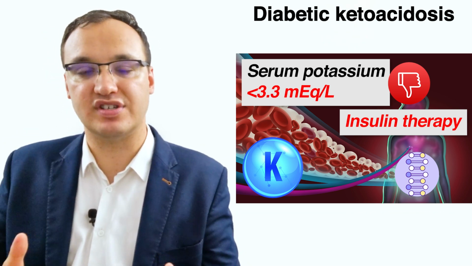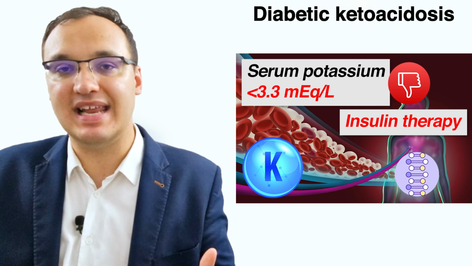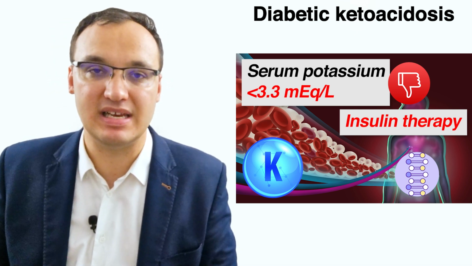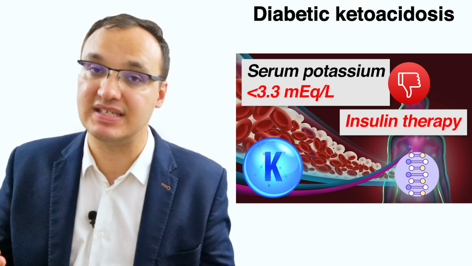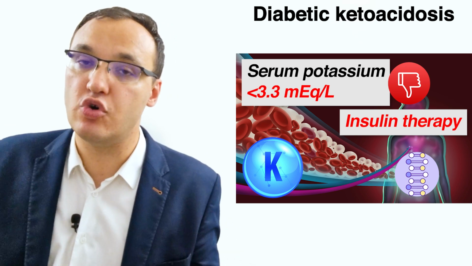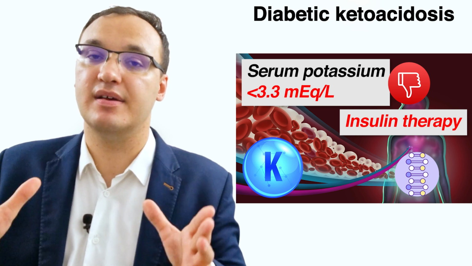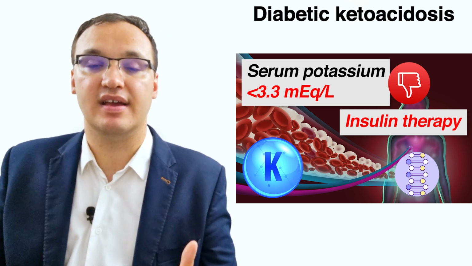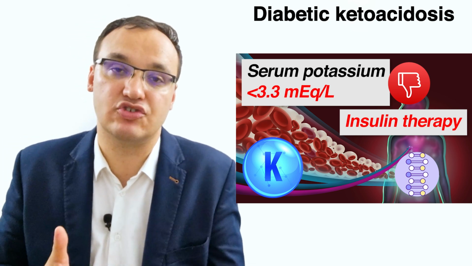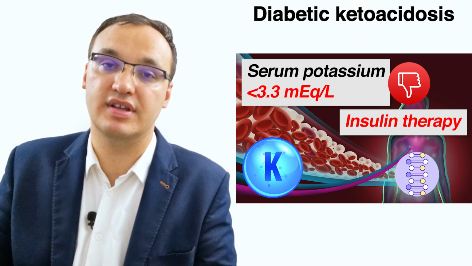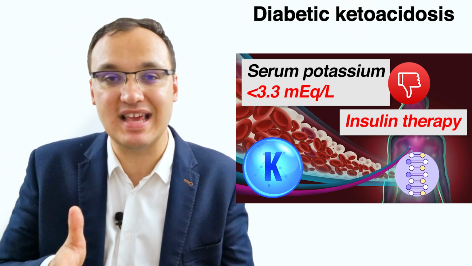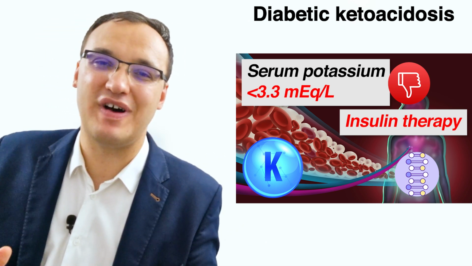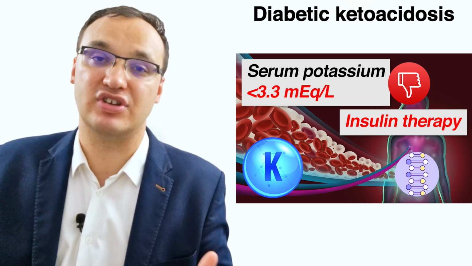So if the patient is coming, as we said, with a potassium level of less than 3.3 millimole per liter, and we start to give insulin, what happens is that it drops even more. And as we know, potassium below 3.5 is actually a problem, because when we get to the level of below 3, 2.5 to 3, that's very severe and the patient can actually die.